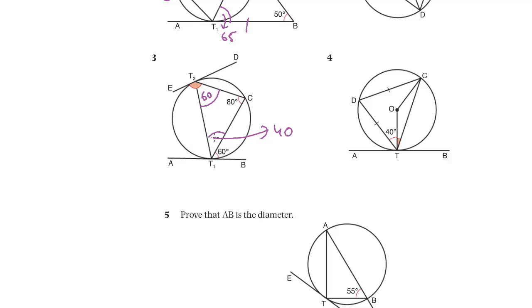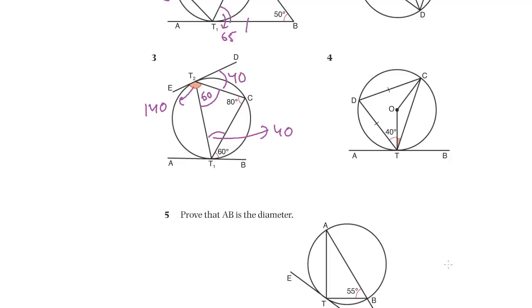So this angle is 40. Then this should also be 40, because by the alternate segment theorem, the angle between the tangent and the chord is the same as the angle that the chord makes at the circumference. This should be 40. Now this is a straight angle. If this part is 40, we should subtract from 180 degrees. This should be 140. Let's move on to the next one.